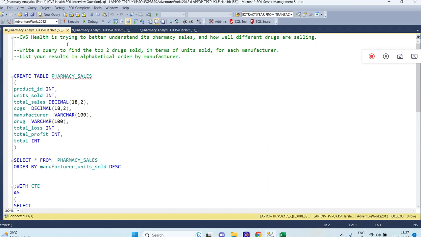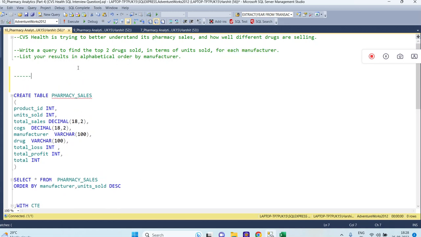and by which way we will do the partition by, as I have already said in the last query, right? Whenever you find this kind of keyword, for each manufacturer or for each product category or for each product subcategory, at that time we are either using group by or partition by.